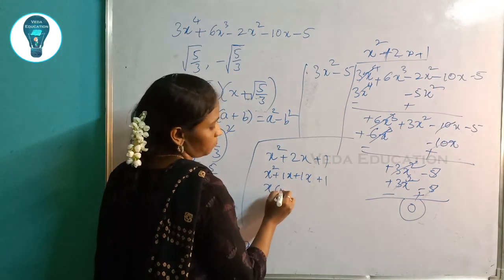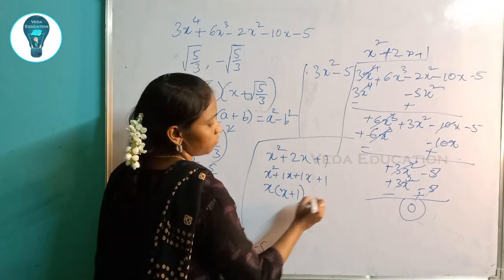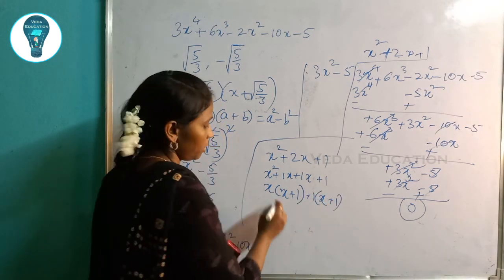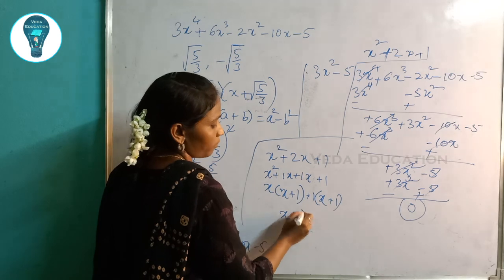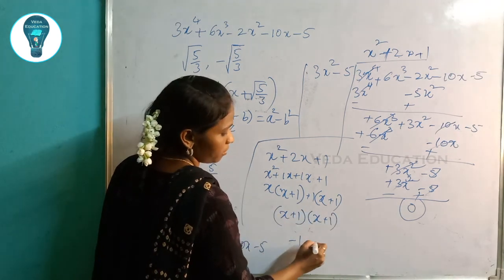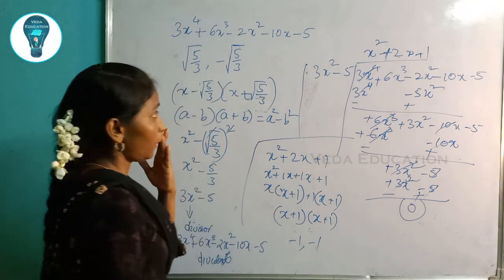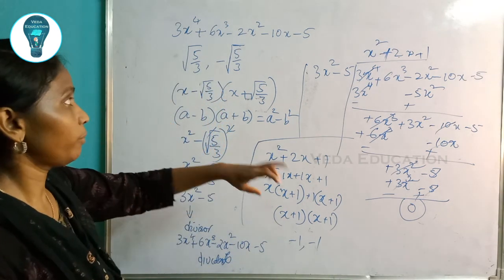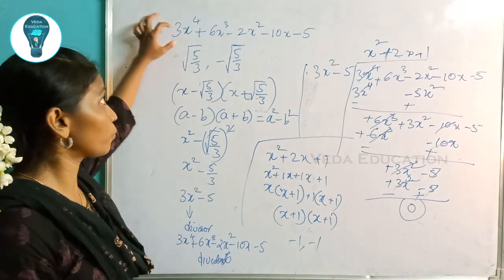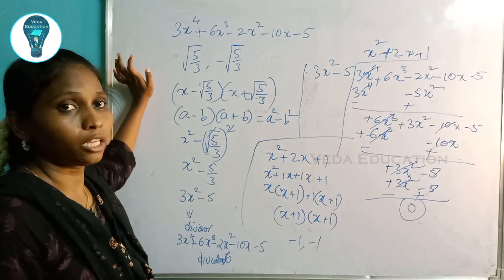Now common x: x plus 1, and the same polynomial here, so 1. Okay. x plus 1, x plus 1. Now the numbers are minus 1, minus 1. Now our zeros are minus 1, root 5 by 3, and minus root 5 by 3. These are the four zeros of the given polynomial. Okay.